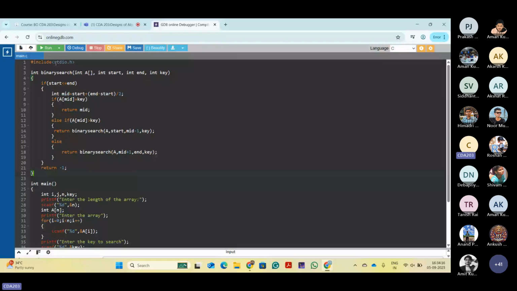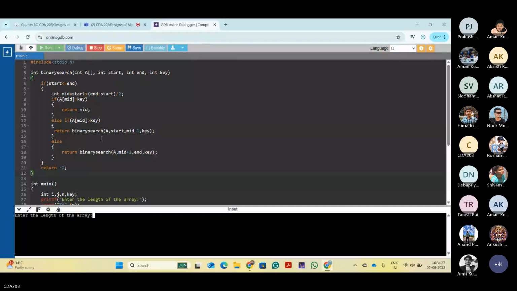I added it. What do we have in our example? It's 6.